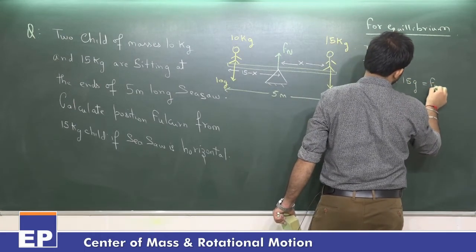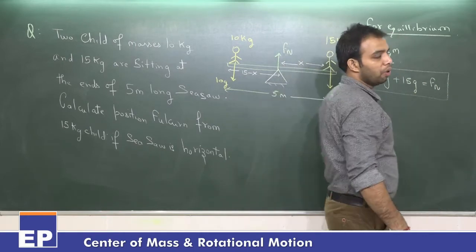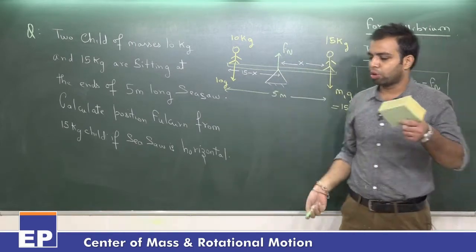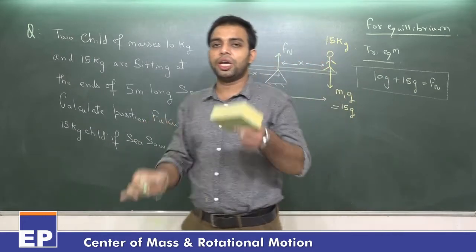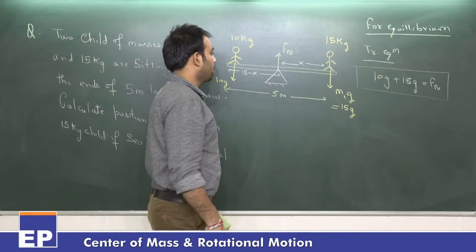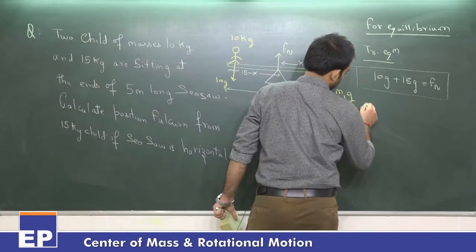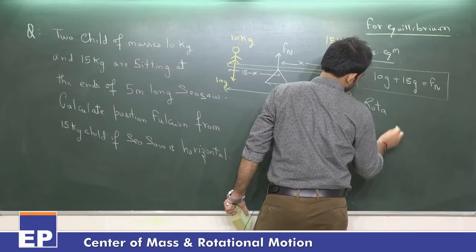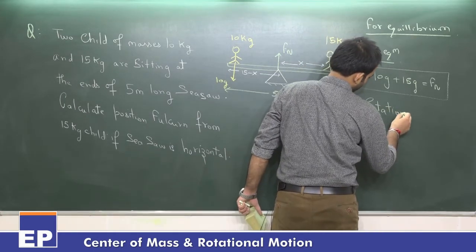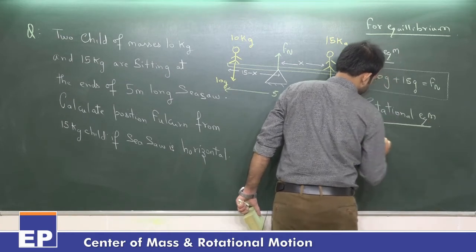That is the value of Fn. But if we look at the rotational equilibrium, because it is also not rotating about an axis or a point, then I can say the net torque is 0. That is the rotational equilibrium. That is, tau net is 0.